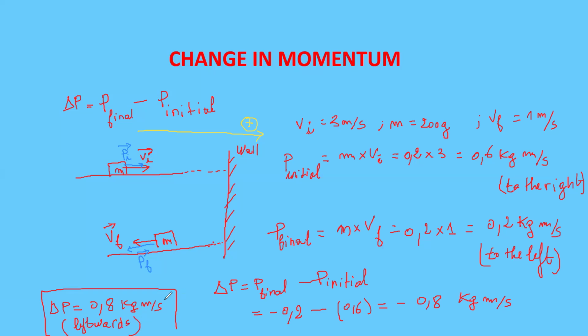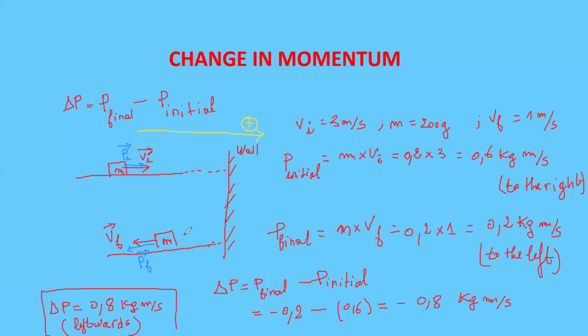So pay attention when you calculate the change in the momentum. The change is always the final minus initial. Before you make the calculation, you have to make a choice of positive direction. No problem if you choose to the left or to the right, but when you choose to the right as the positive direction, a momentum in this direction is positive.